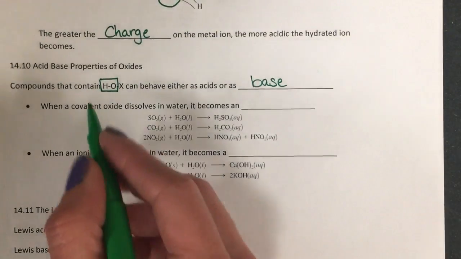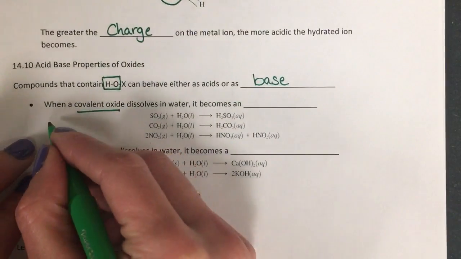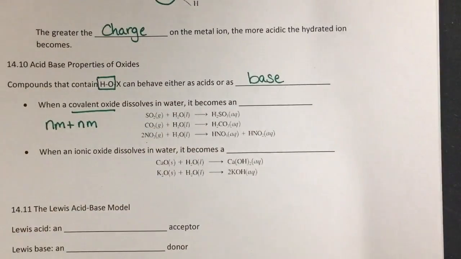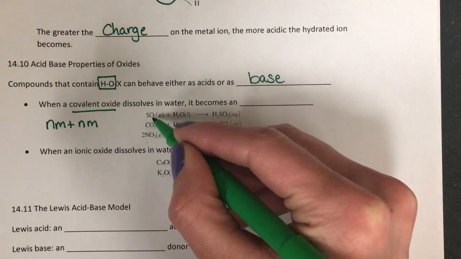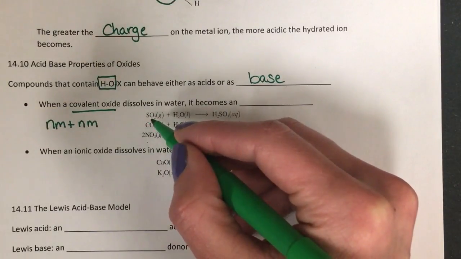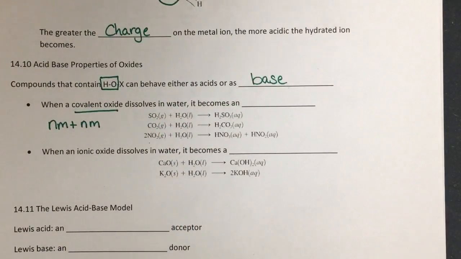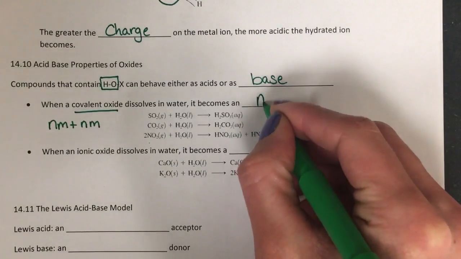Now, if I have a covalent oxide, remember, I've got two nonmetals that are going to be sharing electrons. So sulfur's a nonmetal, oxygen's a nonmetal. They're going to share those electrons in a covalent bond. If it dissolves in water, what's going to happen is it's actually going to behave as an acid.